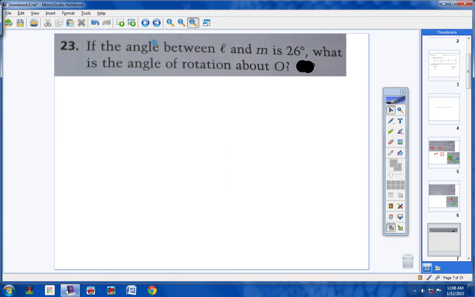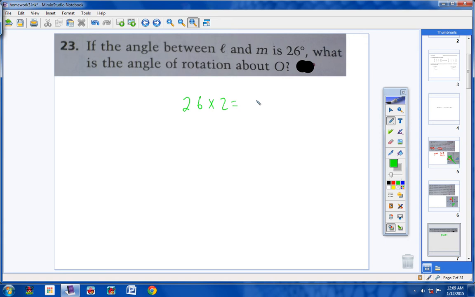Now, remember, we learned a theorem that said, if the angle between lines L and M is 26 degrees, what is the angle of rotation about O? Remember, whenever you're given the angle between two lines, and you're looking for the angle of rotation about O, you always take the angle and multiply it by 2, okay?